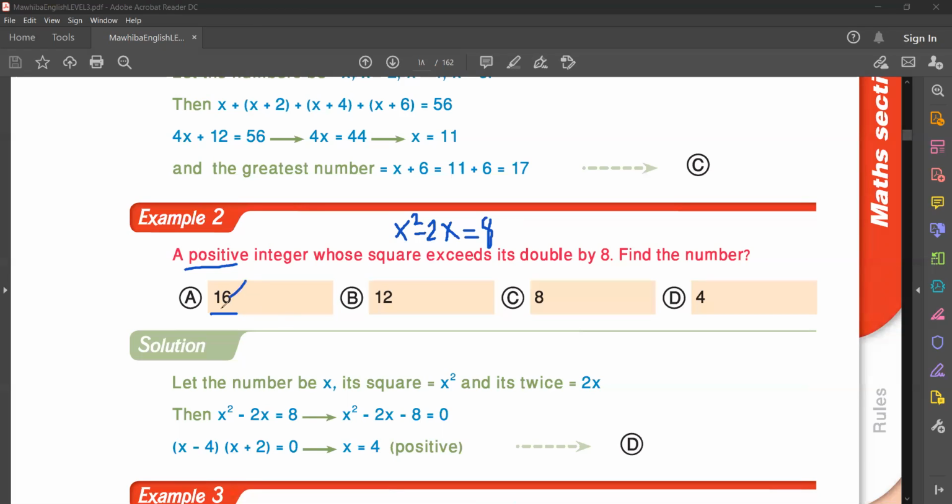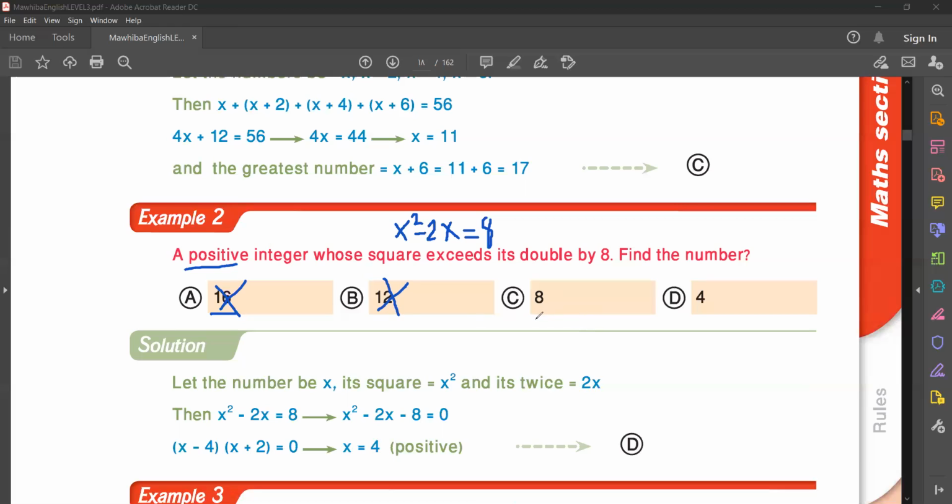I think no, it is not correct. If you choose 12, 12 times 12 is 144 minus 24, it is not correct. B is not correct.